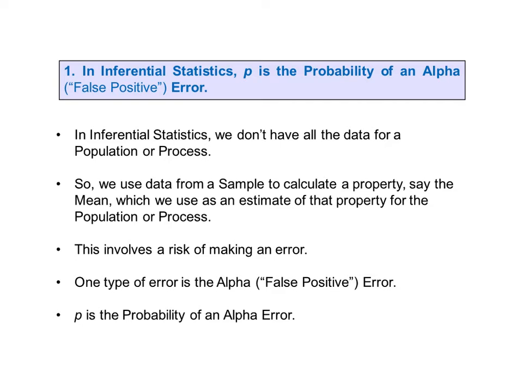And we use this as an estimate or inference of the corresponding property in the population or process, the population or process mean. Now, being an estimate, there is a risk of error. And one type of error is the alpha error, also known as the false positive error. P is the probability of an alpha error.